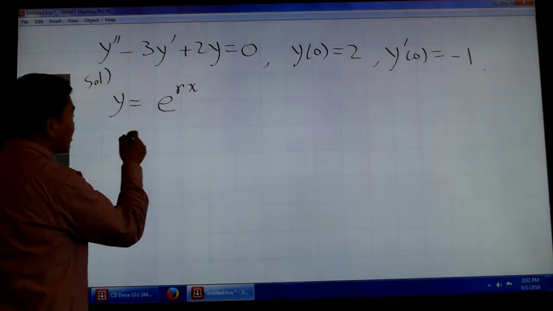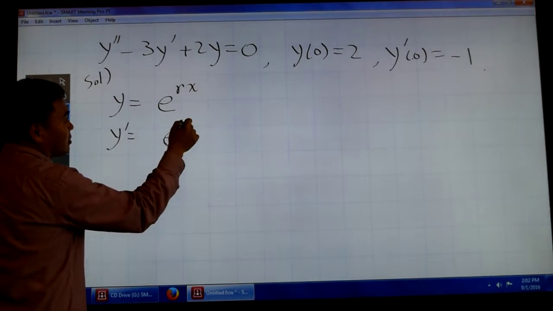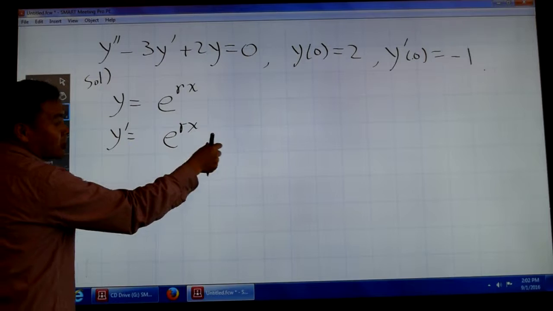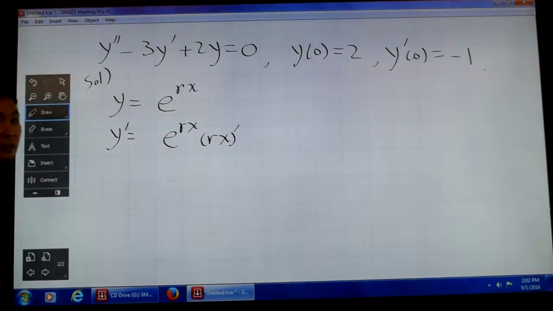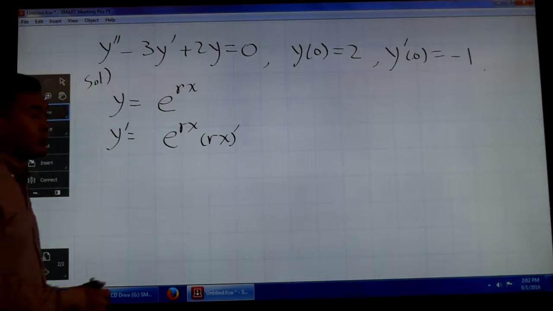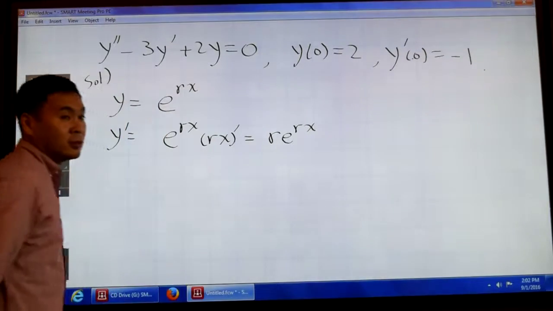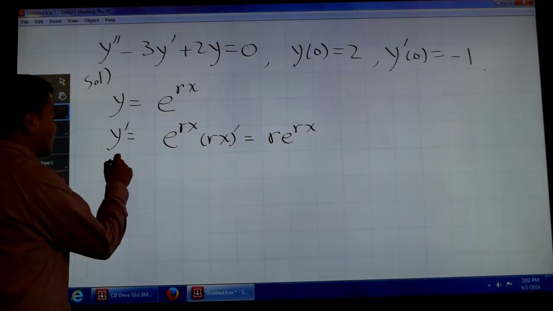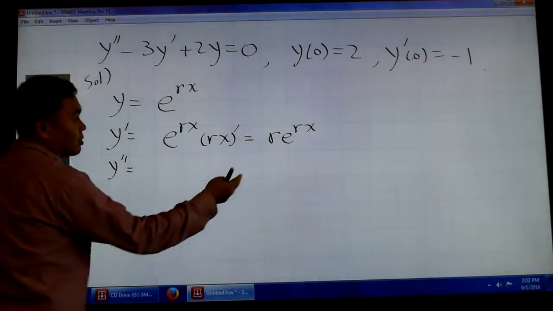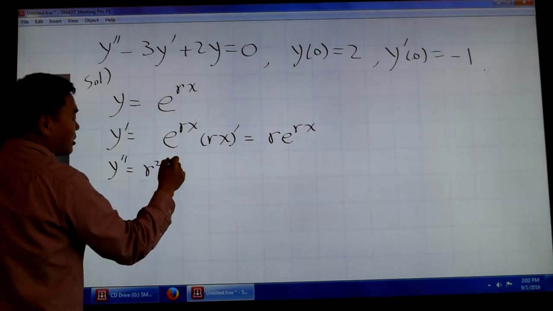So let's see, what's y prime? e to the rx, and rx has to be pulled out and differentiated because of the chain rule, right? Which is r times e to the rx. So every time you differentiate, r pops out. For y double prime, again when you differentiate, another r will come out and you're going to get r squared e to the rx.